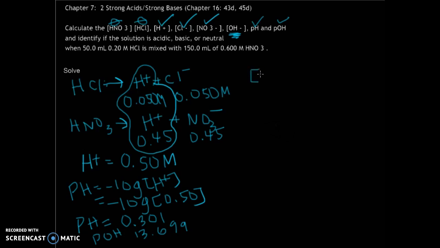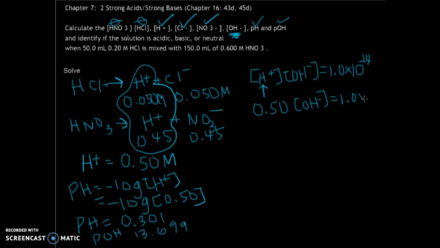Don't forget about this equation. H plus concentration times OH minus concentration equals 1.0 times 10 to the negative 14th. Oops, I forgot the one. Okay, so my H plus concentration is 0.50 times hydroxide.